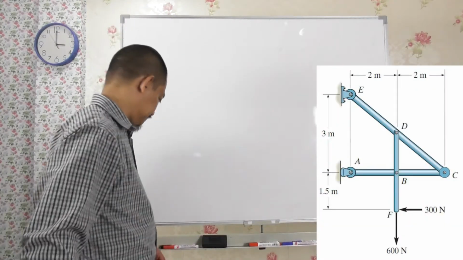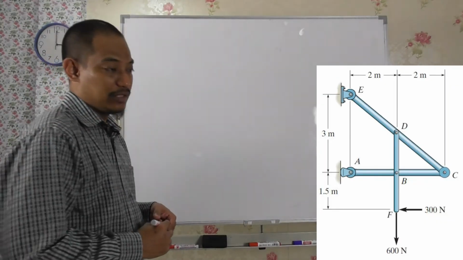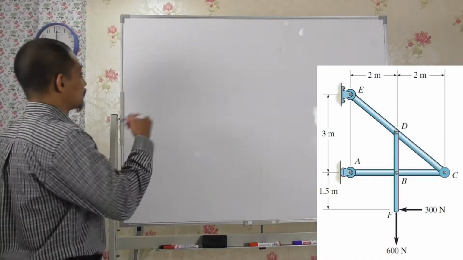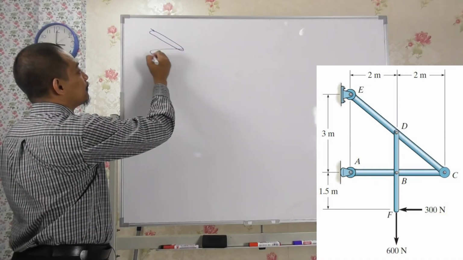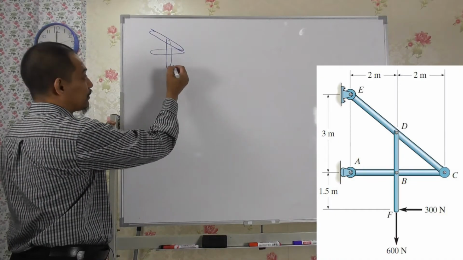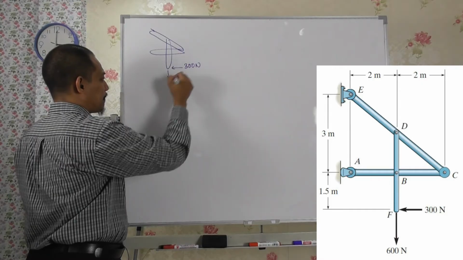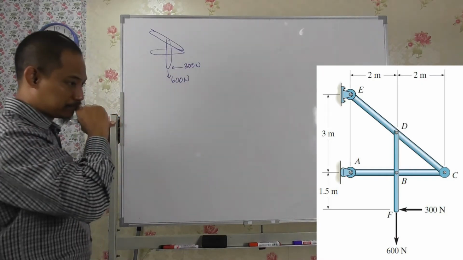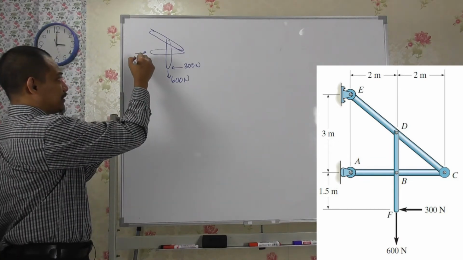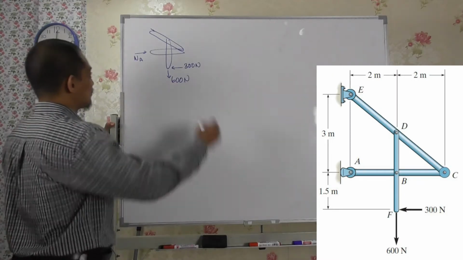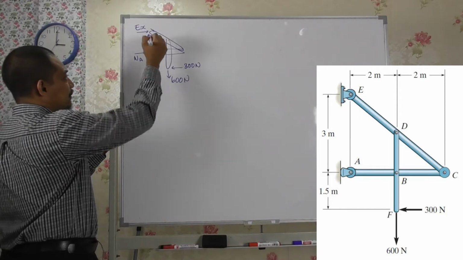So part A, basically it wants support reaction at A and E. So in this case, you have to take it as a whole, right? Basically as a whole, something like that, right? And then you have force and force, 300 and 600. And then A is somewhat of a rocker, and at E is basically EX, EY.